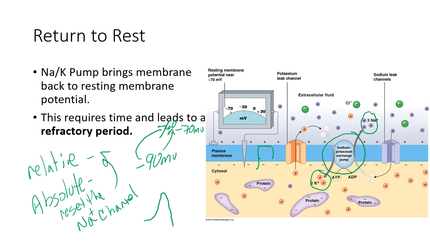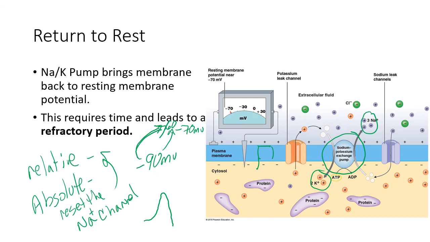So we have two different portions for that refractory period itself. Absolute: no matter how hard we stimulate that cell, nothing's going to happen. Relative refractory period: a sufficiently strong stimulus can get us to the action potential once again. But again, that's where we've got to go from that negative 90 all the way up to negative 60 in order to get there. So we have to have a change in the strength of the stimulus.